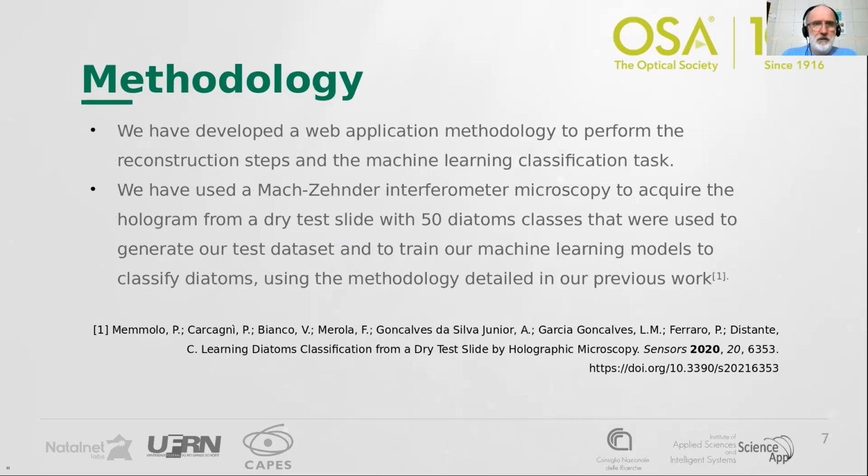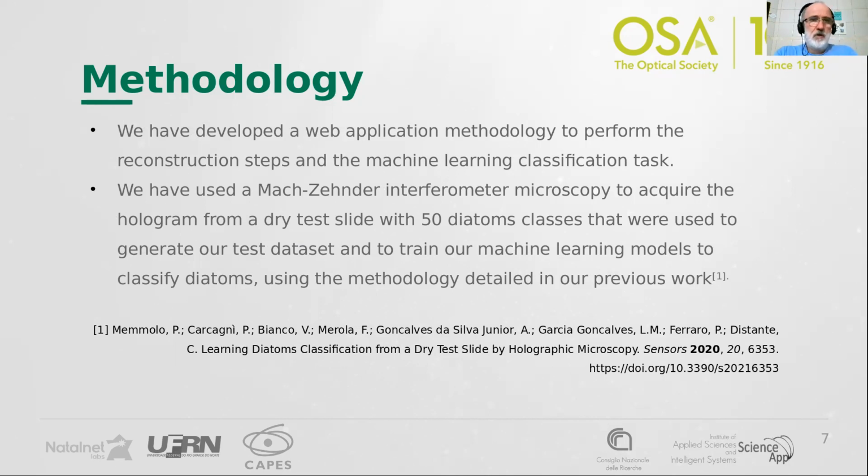So the reconstruction has some methodology to be applied on it. We have done this in a previous phase where we developed a web application methodology to perform the reconstruction steps, and here we join them with the machine learning classification task.